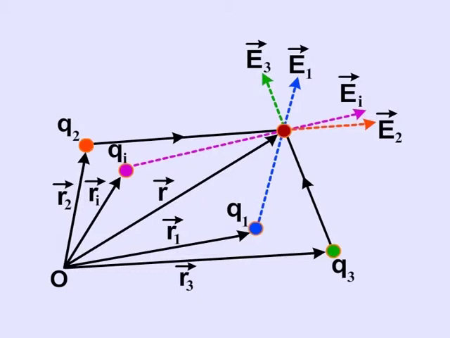If there is no single charge but a group of discrete charges, then what would be the electric field due to a discrete distribution of charges?